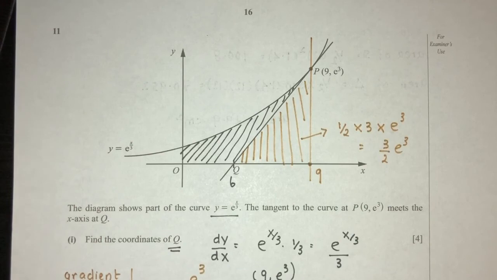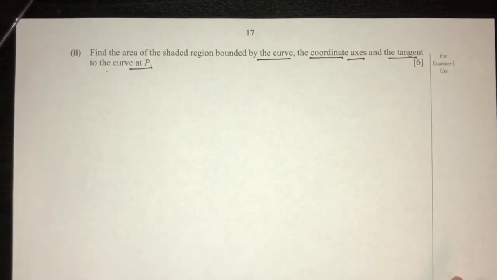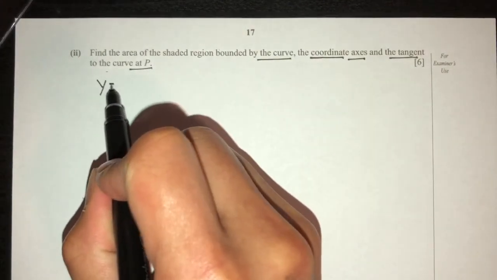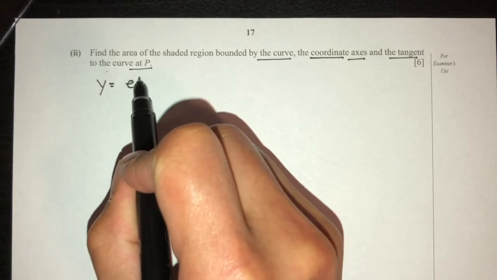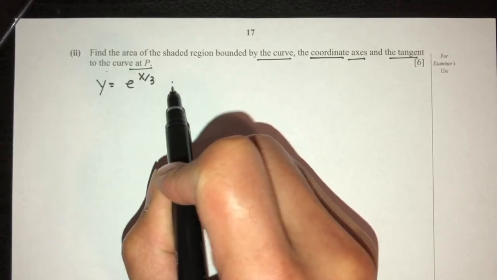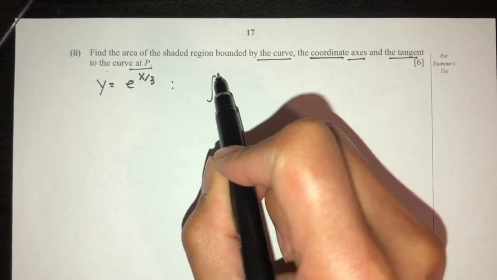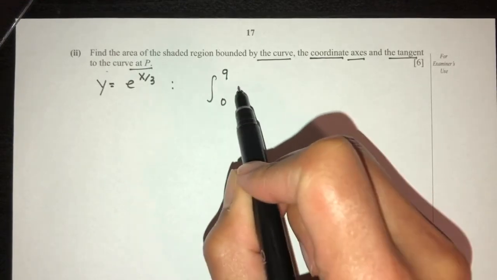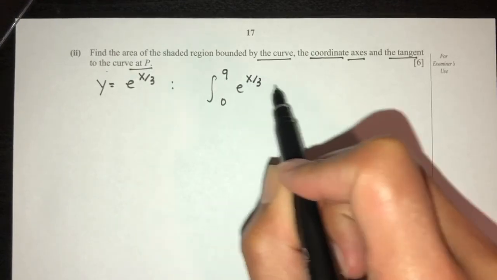So let's first find the area under the curve. The curve is given by the equation y is equal to e^(x/3). So area will be the integral from 0 to 9 of e^(x/3) dx.